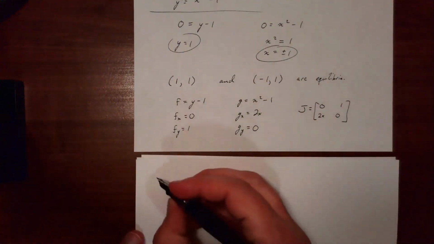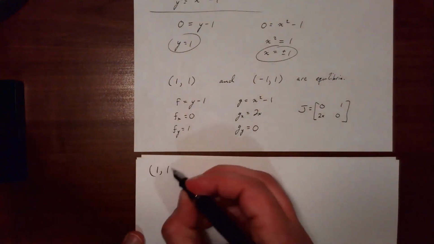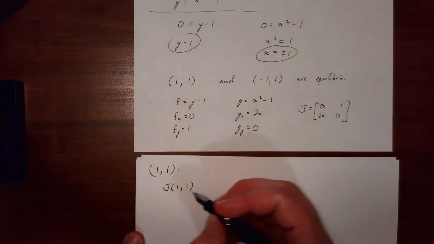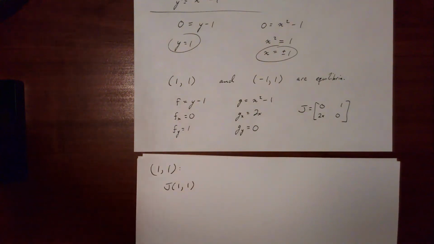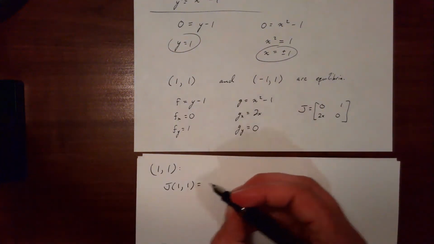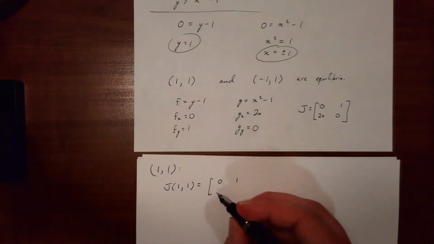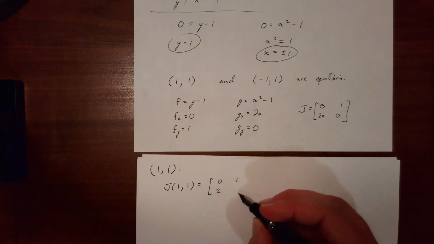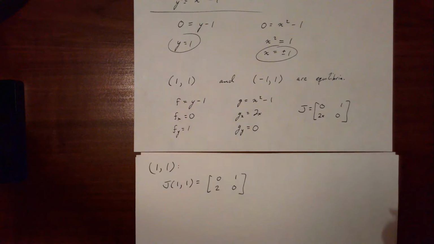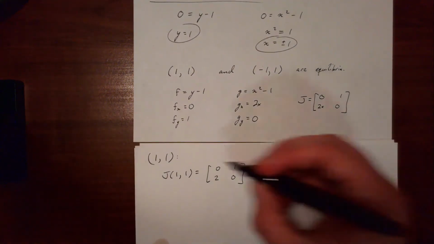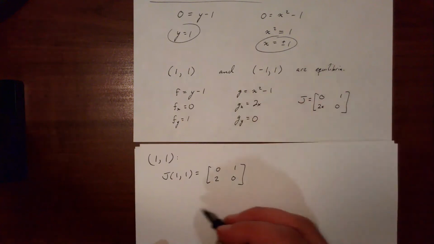So let's start with (1, 1). So J of (1, 1) is the effect of putting 1 for x and 1 for y. So the pieces of this that were constant will just be what they were. And so we'll have [0, 1; 2, 0].